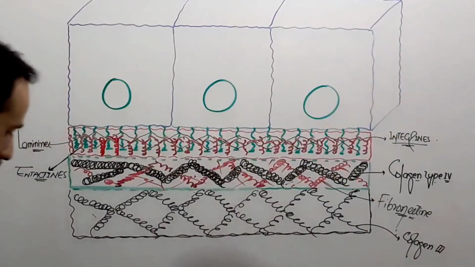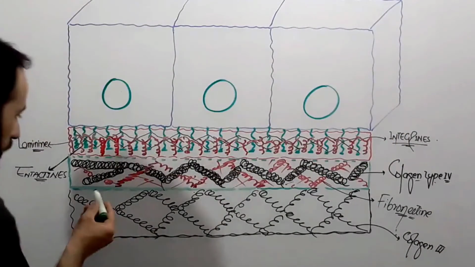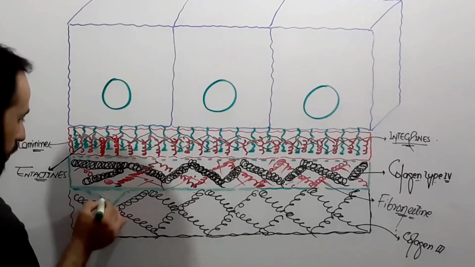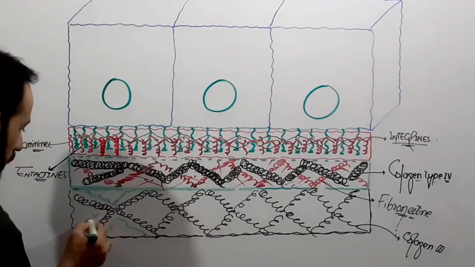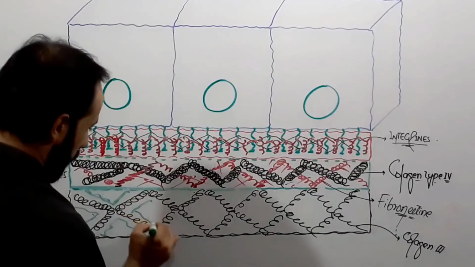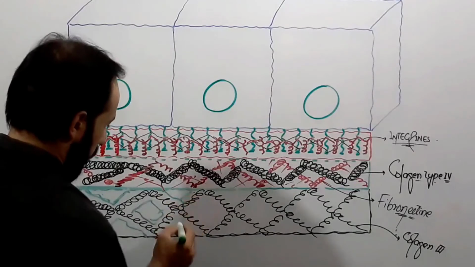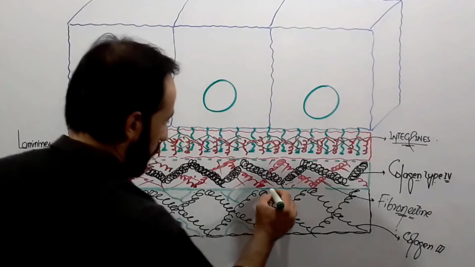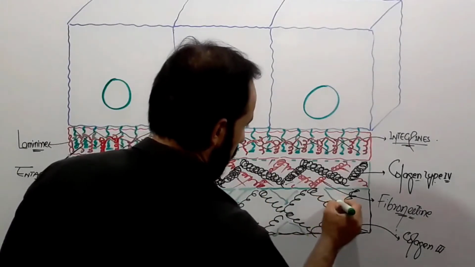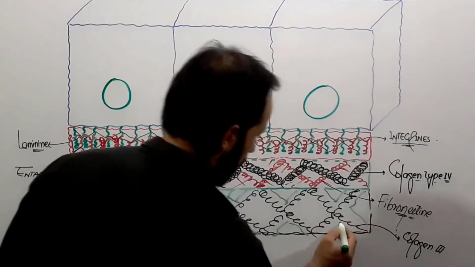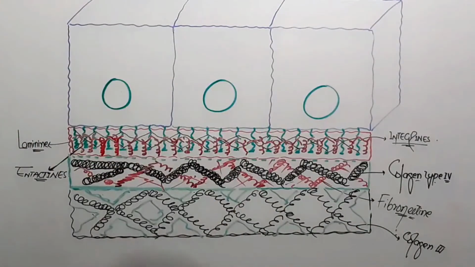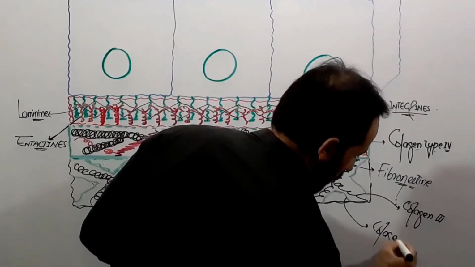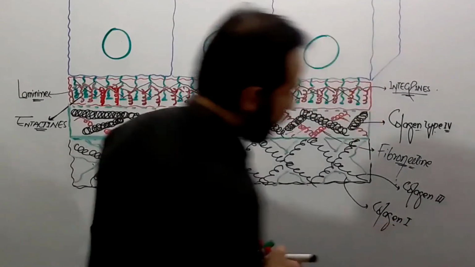Then there is another type of collagen also present there, which is called collagen type 1. So collagen type 1 is also found in the reticular lamina. I am putting it in a very simplified way just to make our concept clear about the composition of the basement membrane.